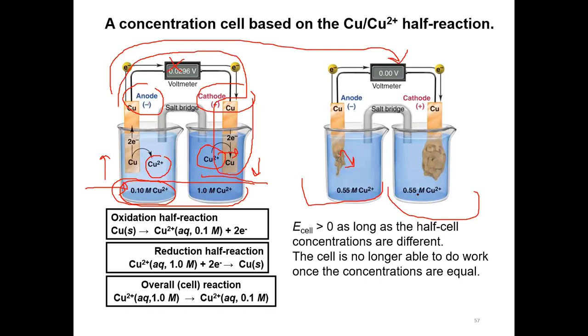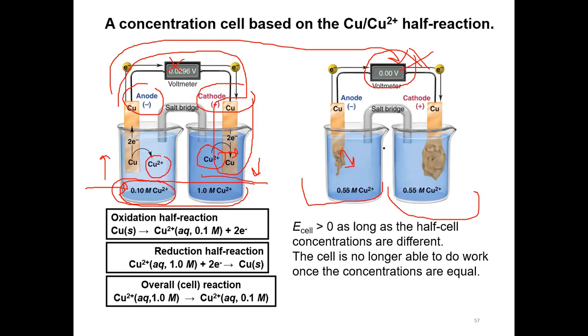That's where you see more bulky material being deposited on this electrode. The concentrations of the two chambers will be the same after some time, and that's where the cell will stop working. It's no longer a concentration cell.